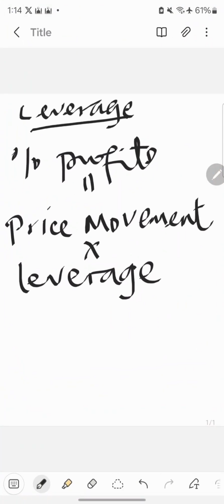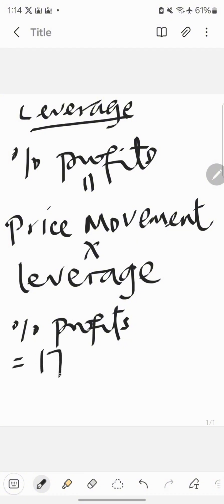Now we want to know the percentage of our profit. How will we do that? We use the 17% that it moved, multiplied by the leverage you use. If you use 20x, if you use 10x, that one is on you. I will later show you what the x means.